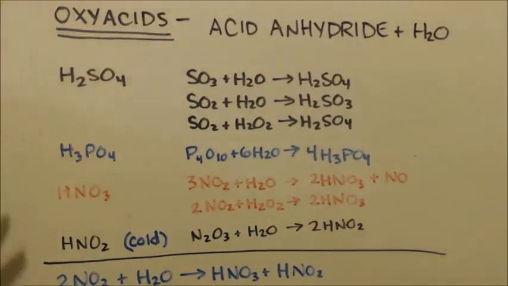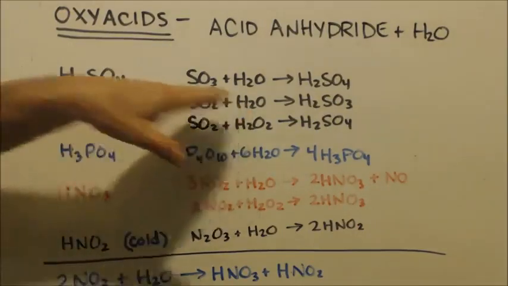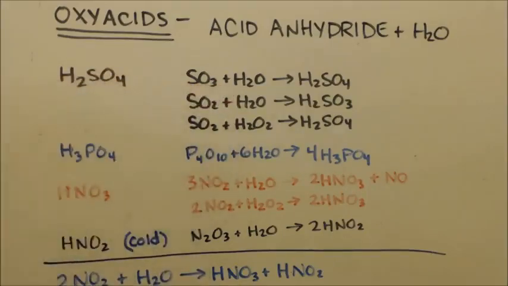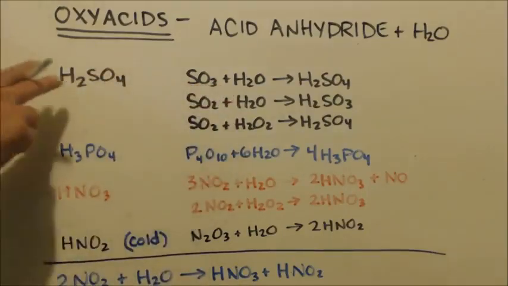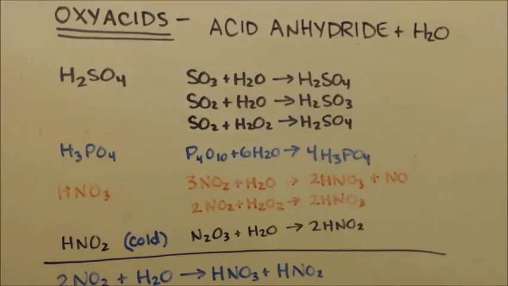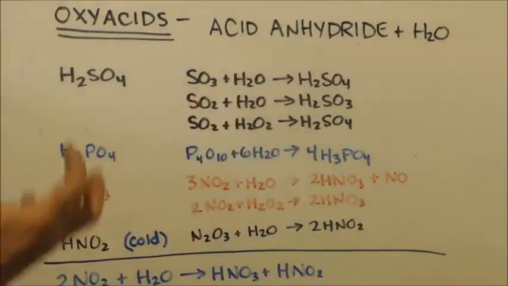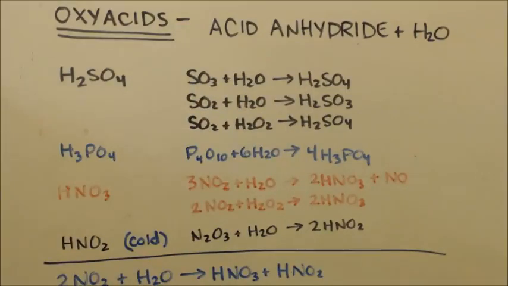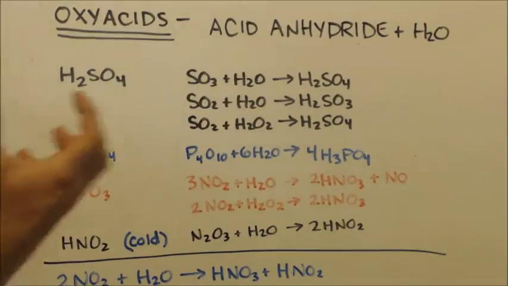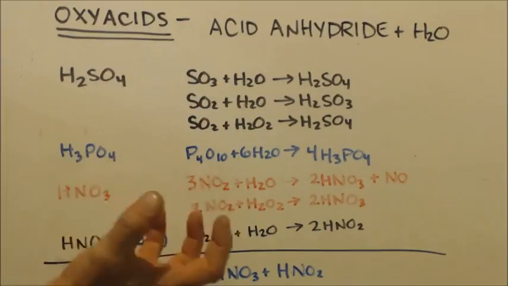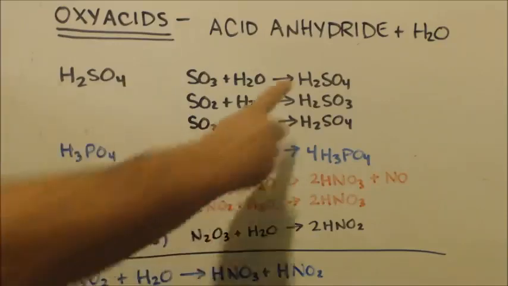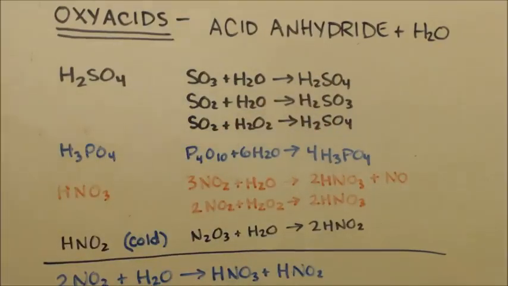Really all these are very exothermic things, and you can have explosions, especially when it comes to the anhydride of sulfuric acid. You actually already have concentrated sulfuric acid, and you would bubble the acid anhydride into the already concentrated sulfuric acid. That way you make oleum, and then you would dilute the oleum back down to concentrated sulfuric acid.